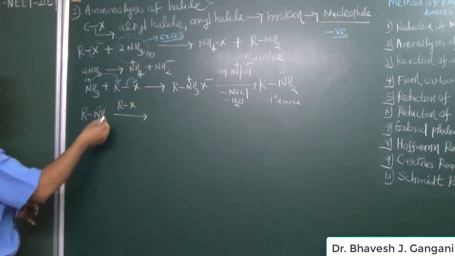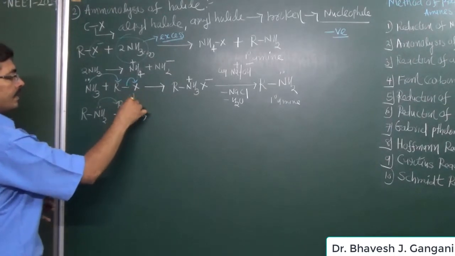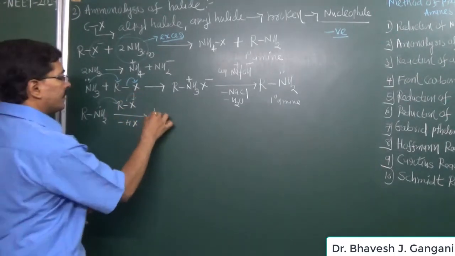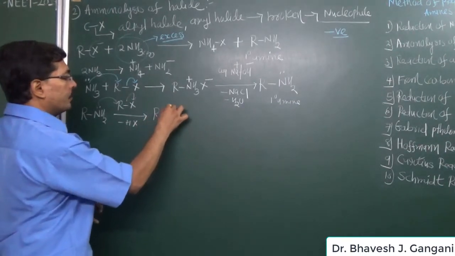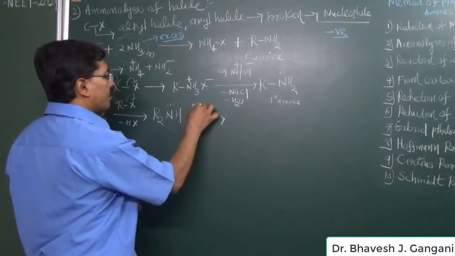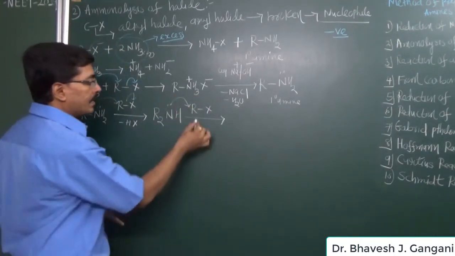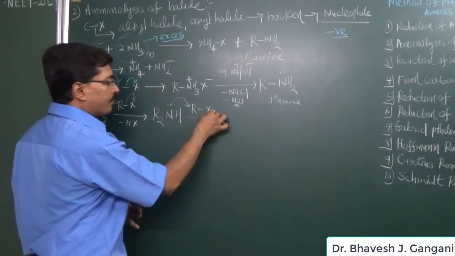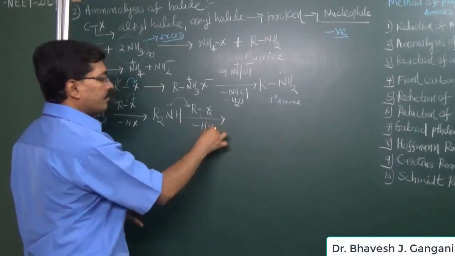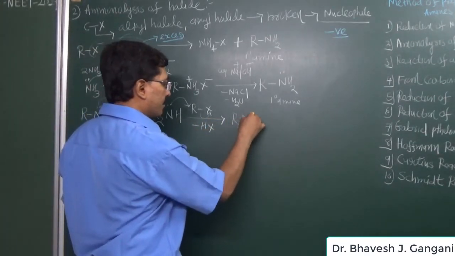The alkyl nitrogen donates its electron pair, and the halide takes hydrogen and is removed in the form of HX, and as a result we get a secondary amine, R2NH. Further, if this R2NH is allowed to react with alkyl halide, once again it donates its electron pair to the alkyl halide. The halide is removed with the electron pair, taken by the H plus ion and removed in the form of HX, and as a result we get a tertiary amine.